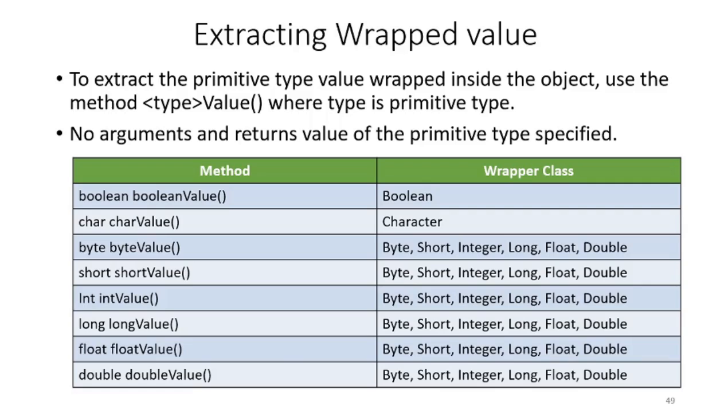These are two constants in the Integer class, and we can use them to identify the minimum and maximum range values of the Integer class, and you can use those constants to display the minimum and maximum range of the Integer class. So this is about extracting wrapped values.